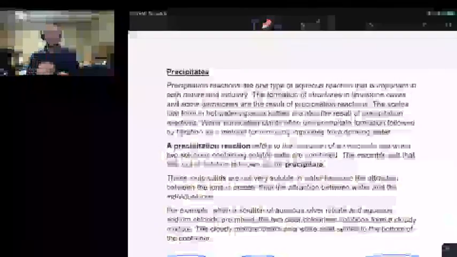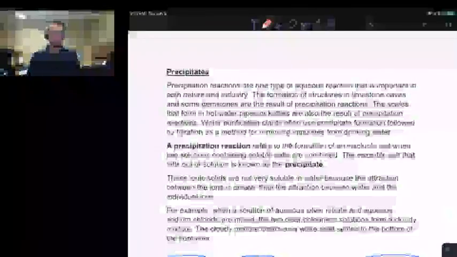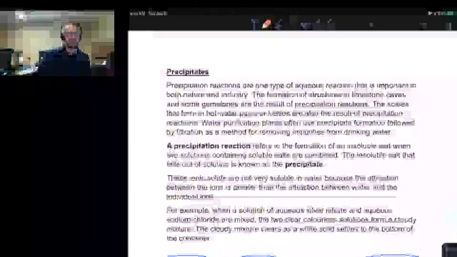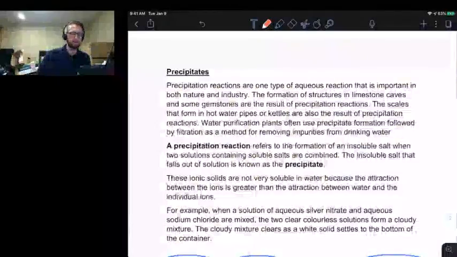Okay, so a precipitate is a case where the amount of energy gained or lost from changing from the solid form to the aqueous form is not really sufficient. And so the reaction ends up not being favorable to turn into an aqueous solution. So precipitate reactions are one type of aqueous reaction that is important to both nature and industry.